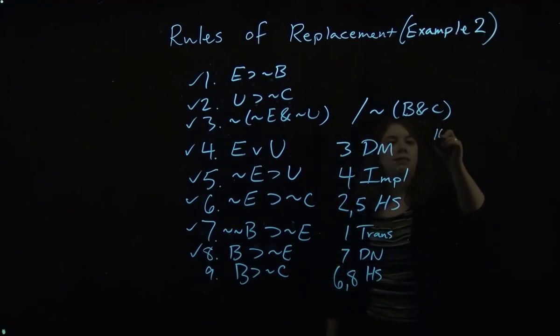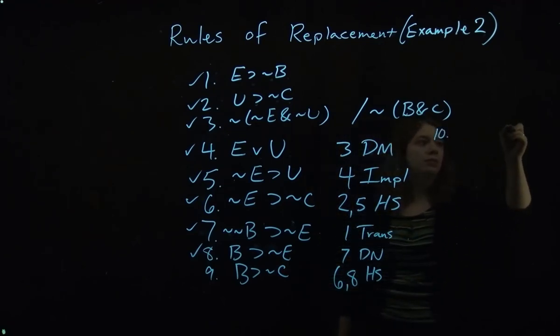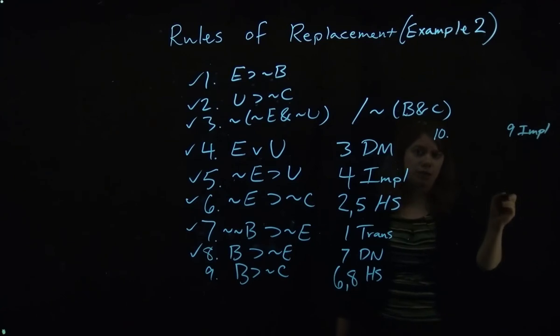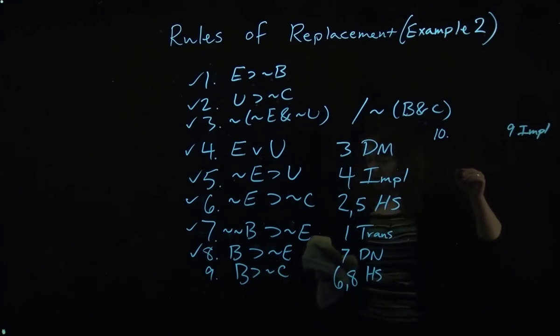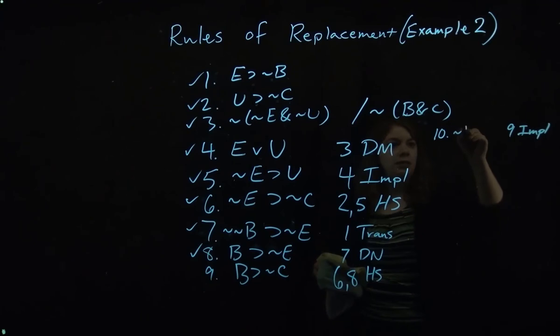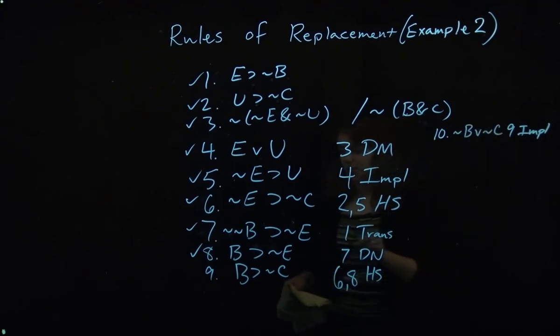So on line 10, using line 9 and the rule of implication, because the rule of implication converts horseshoes to disjuncts, using that, we know that we can get, in this case, not B or not C. There we go.